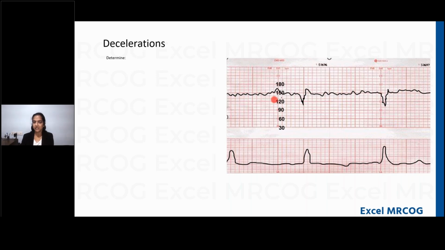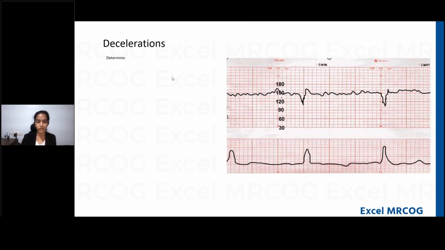But we call this variable deceleration because the pattern is not followed uniformly through the tracing. Here it is coming before, and here it is almost with the contraction. So there is no definite uniform pattern, which is why it is important to look at the entire CTG tracing. You cannot say the first one is variable deceleration and the second one is early deceleration.